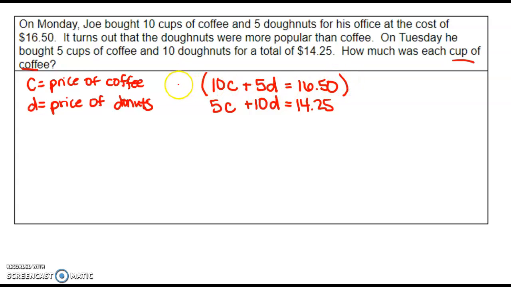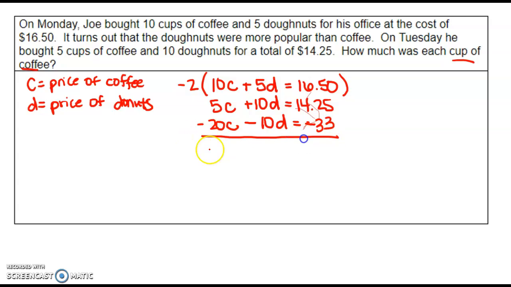So I'm going to multiply the top by negative 2 to get negative 20C minus 10D equals, what is that, negative 33? Yeah. And add down. So I get negative 15C.